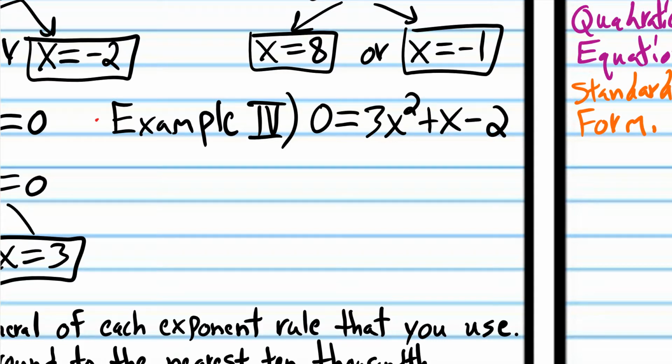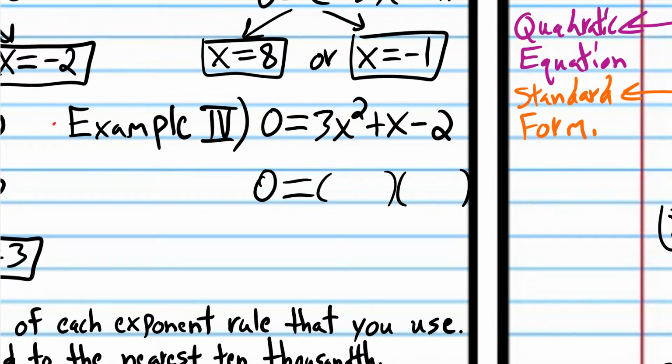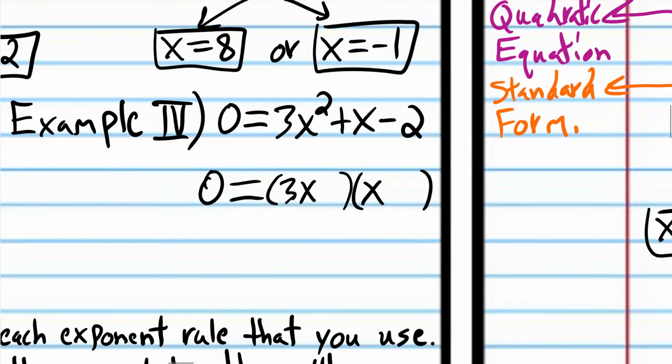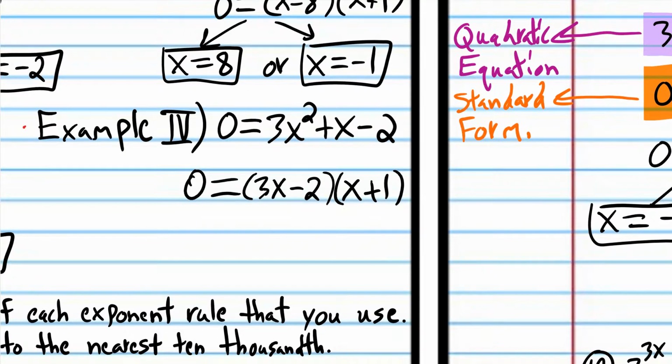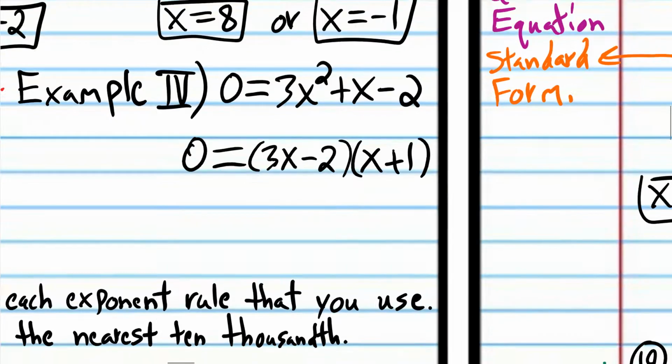So we have to write our two sets of parentheses, and we need to ask what two numbers multiply to 3x squared, and there's only really one option, 3x and x, and what two numbers multiply to negative 2, and there's only one option, negative 2 and positive 1. But we don't know if the negative 2 is going to go here or here. So we have to test this.